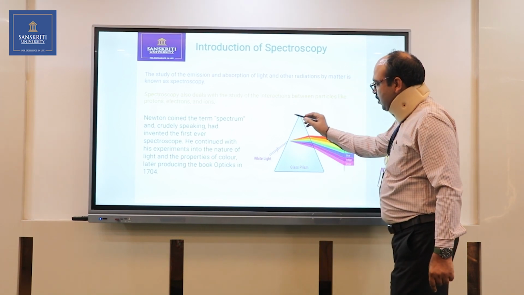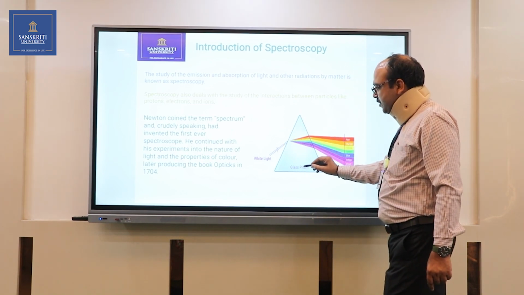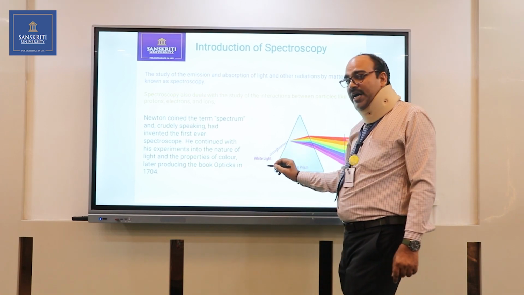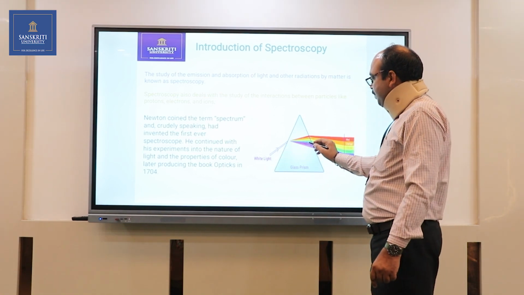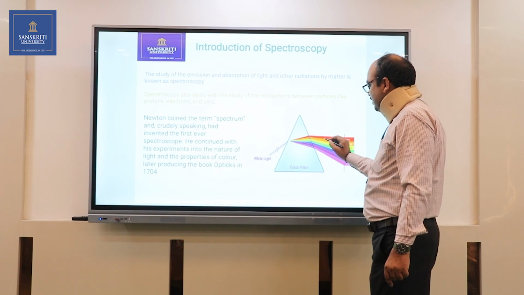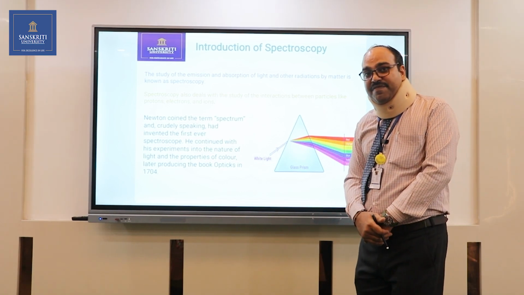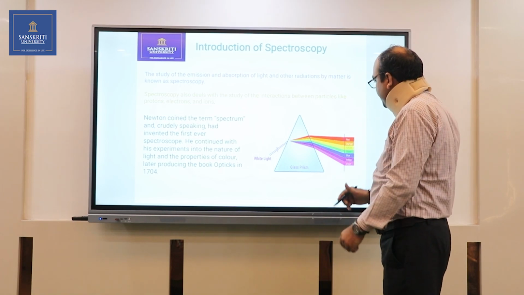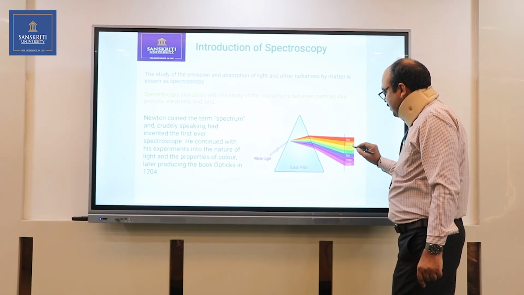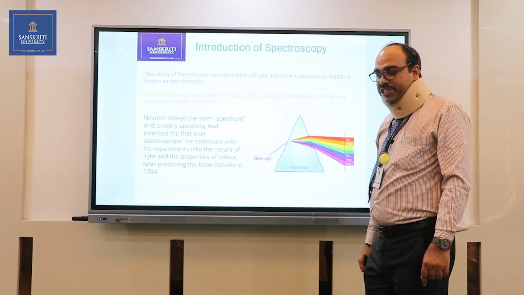If you see on the board, there is a prism, and when we pass white light through the prism, what happens? It makes 7 different colors, arranged as per their wavelength and frequency.